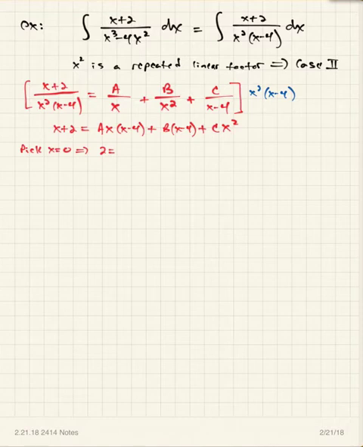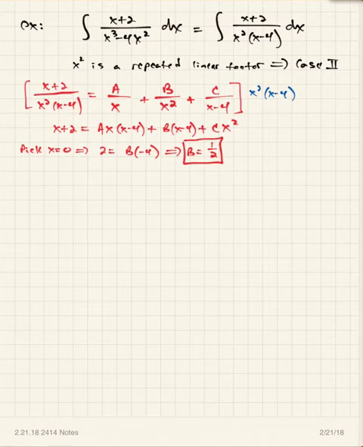The second term is B times negative 4, and the third term is 0. So you get just 2 equals negative 4B. And so B is equal to 1/2. I put a box around that. I celebrate, because we got one of those constants.